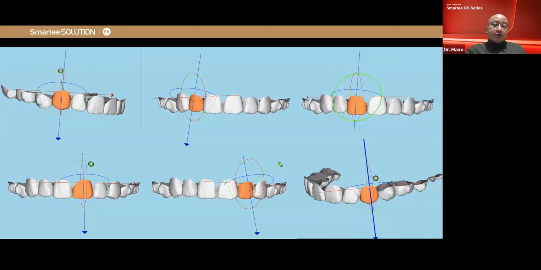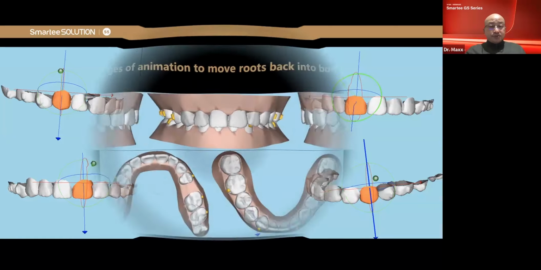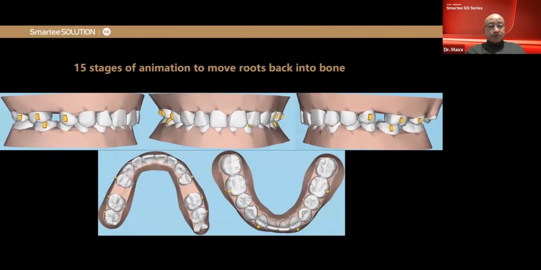So when the crown reclines, the root must come back to the bone. So what did happen? This is the animation design. I designed 15 stages of animation to move the roots back to the bone. This is the design.